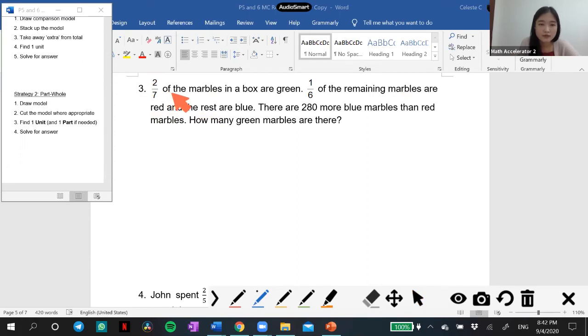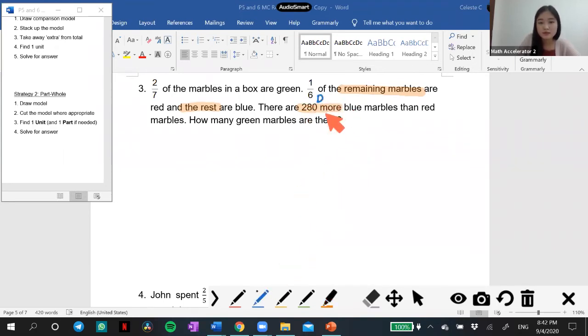Okay, 2 out of 7 of the marbles in a box are green. 1/6 of the remaining marbles, okay, highlight remaining, are red. And the rest, everything else, are blue. There are 280 more blue marbles than red marbles. What is this? 280 more.